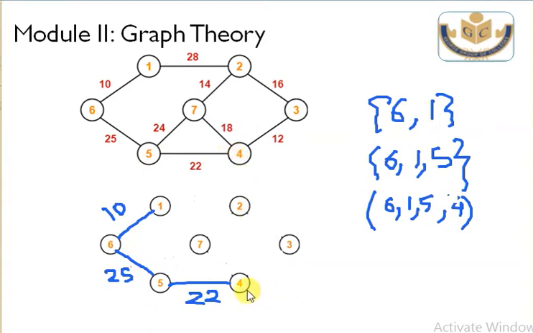Correct? Okay, from 4 where can I go? I can go to 7, that is 18. From 4 I can go to 3, that is 12. So this one is 18 and this one is 12. So which one is minimum? Between 18 and 12, 12 is minimum. So I will go to this part.